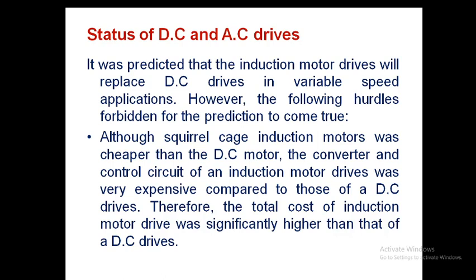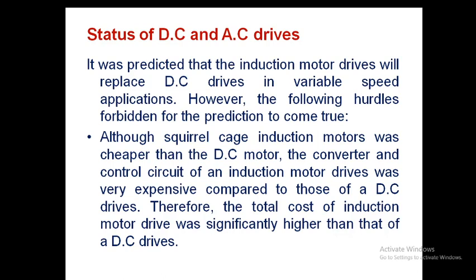Although the squirrel cage induction motor was cheaper than the DC motor, the converter and control circuit of induction motor drives was very expensive compared to those of DC drives. Therefore, the total cost of the induction motor drive was significantly higher than that of the DC drive. In DC drives, there is only the DC drive and the associated control circuit.